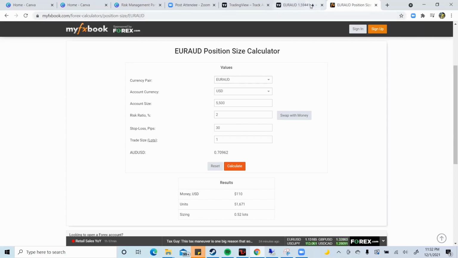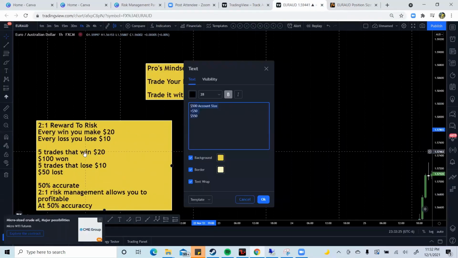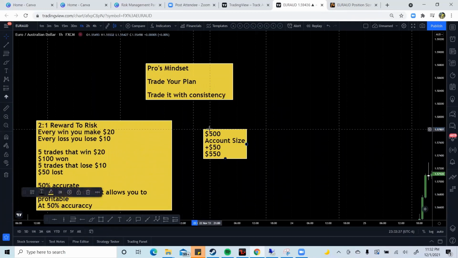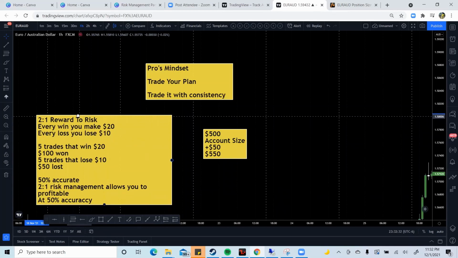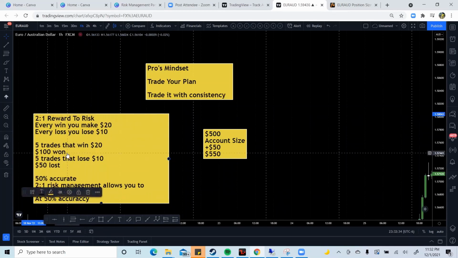So if you're able to stay consistent to your plan, then one, you'll be able to trade with bigger lot sizes with the right risk management over time. But then that's how you create the compounding effect, because as your account gets bigger, you're able to trade larger lot sizes. If you go on a losing streak and your account gets smaller, you trade with the smaller lot size based off that new account value.